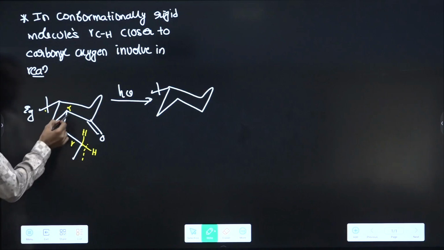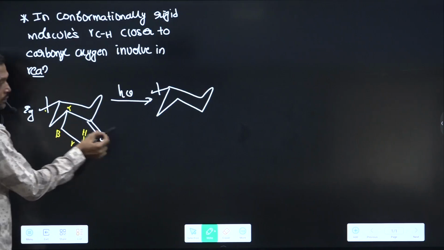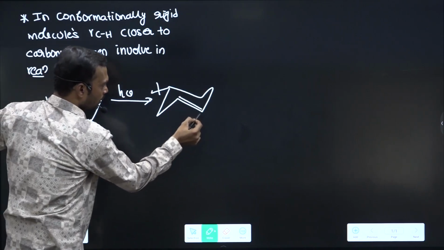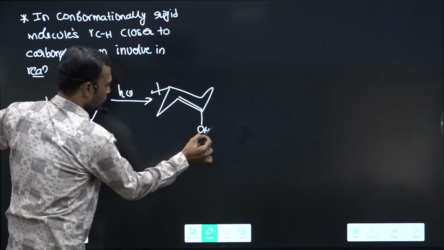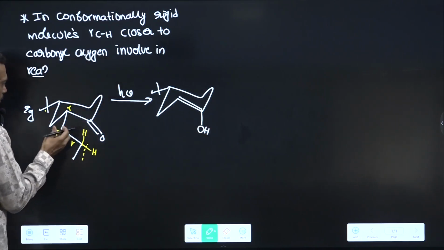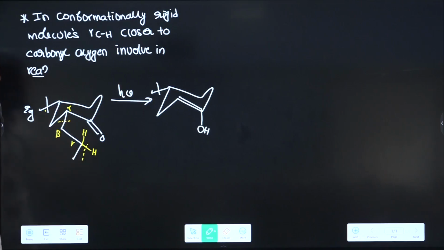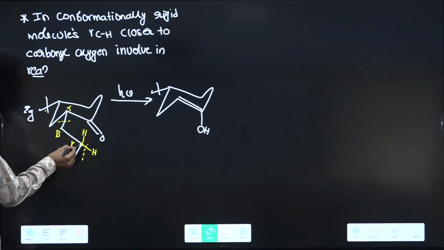Can I put double bond between alpha carbon and carbonyl? Put double bond between alpha carbon and carbonyl, and this becomes alcohol. Now can I break the bond between alpha and beta? After breaking, put double bond between beta and gamma.